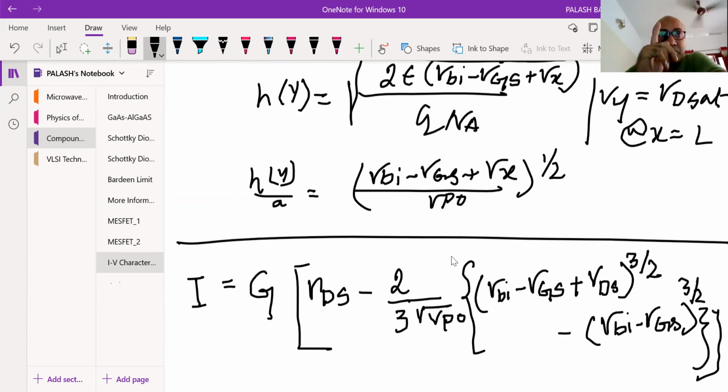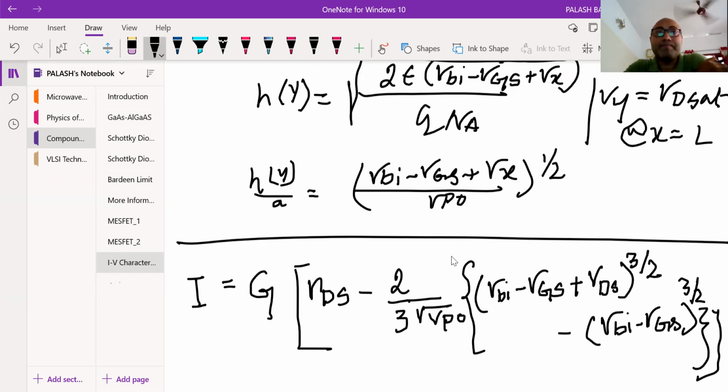What is important, if you just recall your discussion about the IV characteristics of MOSFET, you'll see that this is the same laws, same rules, 3/2 power laws. That time also we got the 3/2 power laws. Here also we get a 3/2 power law for your current, right? This is the same thing.